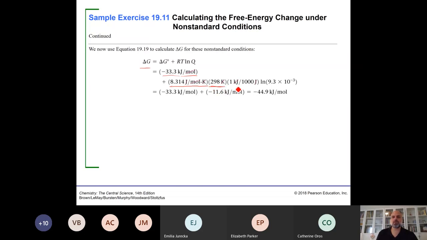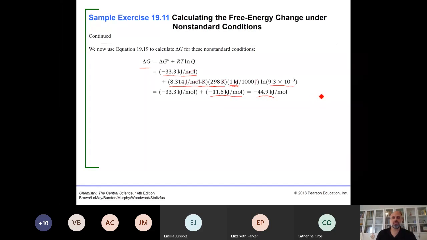We're going to convert over from joules to kilojoules. And this is probably going to be the most common thing that people forget, converting from joules to kilojoules, times the natural log of the reaction quotient of 9.3 times 10 to the minus 3. So you can see we end up with minus 33.3 kilojoules plus a negative 11.6 kilojoules per mole. So we end up with an overall minus 44.9 kilojoules per mole for these non-standard conditions.